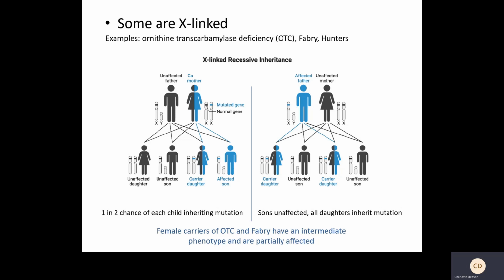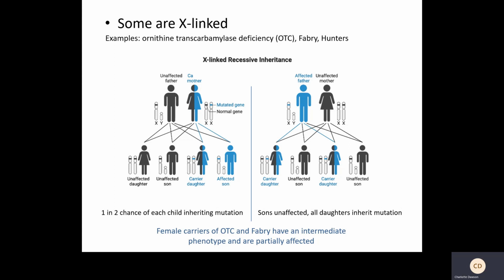Will get their X chromosome from their mothers and the Y chromosome from the fathers. So we've all been taught that women, or females rather, with X-linked conditions are not themselves affected.